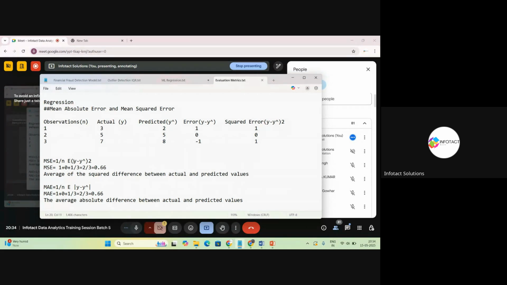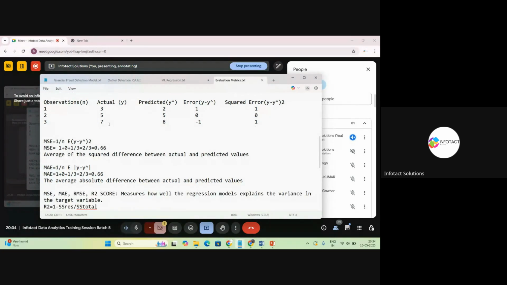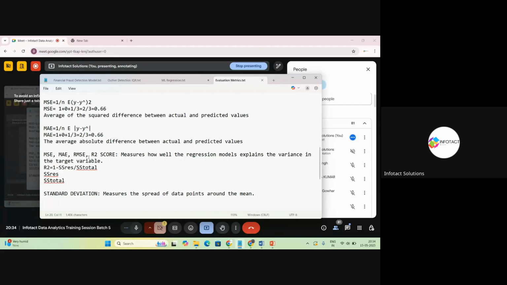Then what is root mean squared error? Root mean squared error is the square root of mean squared error, which converts the error back to the original units.